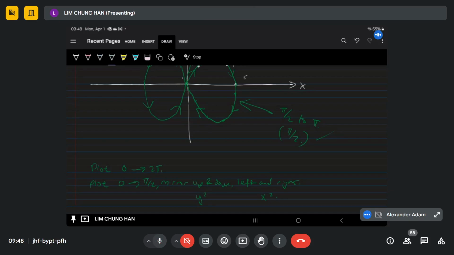What time are you guys free? But only week 1 to week 3.